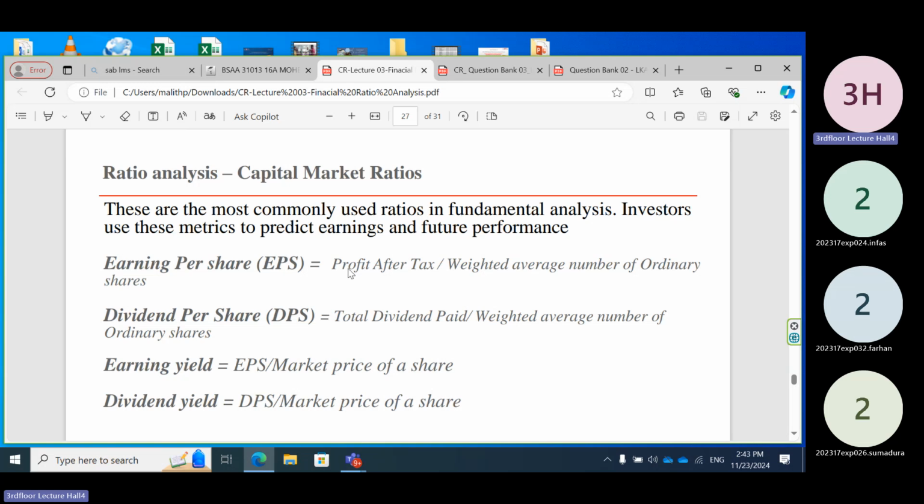They may plan to declare dividends more than earnings per share this time. Why? Because they have some accumulated profit. There may be such a possibility. But in most cases, earnings per share is a higher value compared to dividend per share.